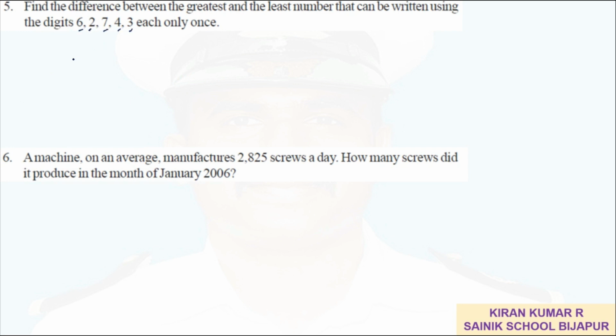There are 5 digits. So the greatest 5-digit number using the digits I have to find. Same way, the smallest 5-digit number using these digits I need to find. After finding that, I need to find the difference.